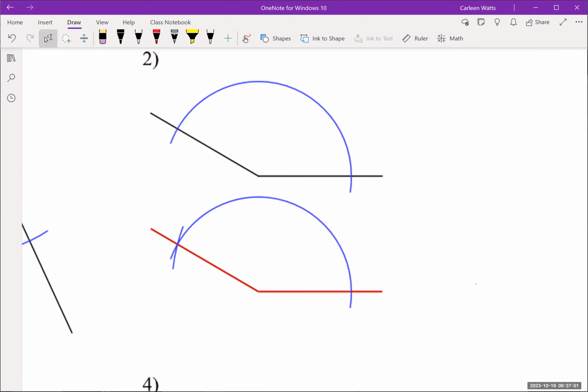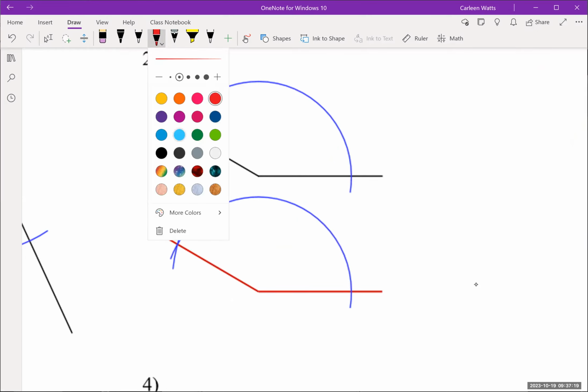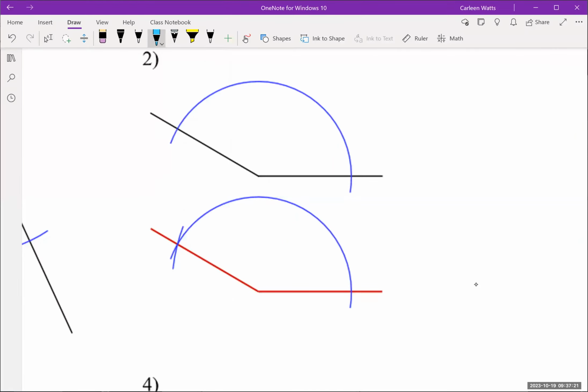Now, notice on the paper, there was only the black, right? With the compass, we made an arc. Okay, so there was only the black. With the blue, we drew that line. And then it got covered up with the red.